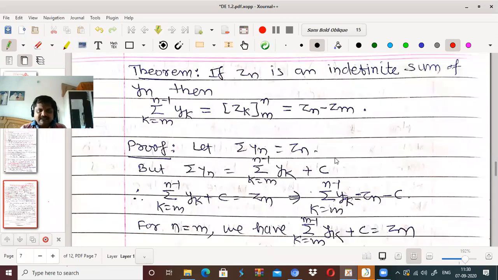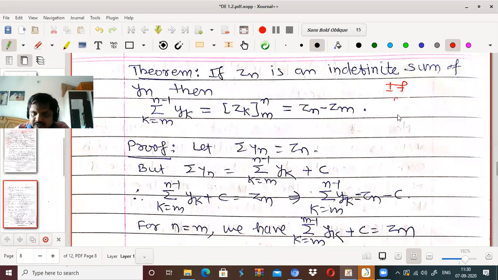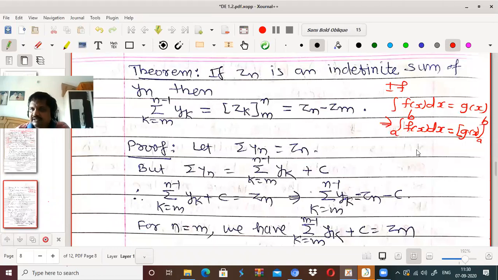Now, as in definite integration, we know that we have the formula. If the integral of f of x with respect to x equals some g of x, then the integral from a to b of f of x dx becomes g of x from a to b. Right?